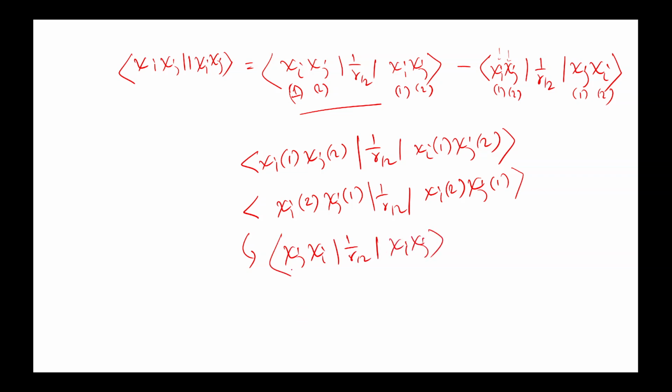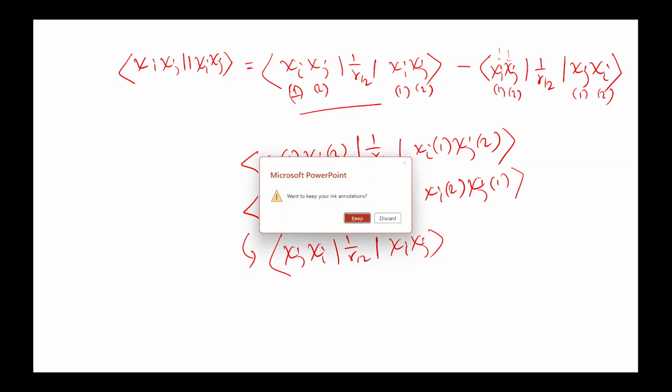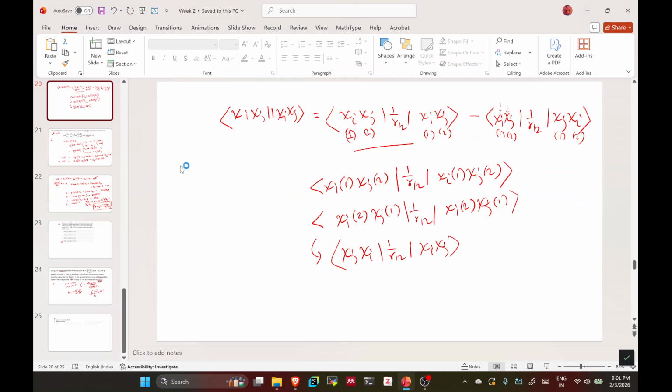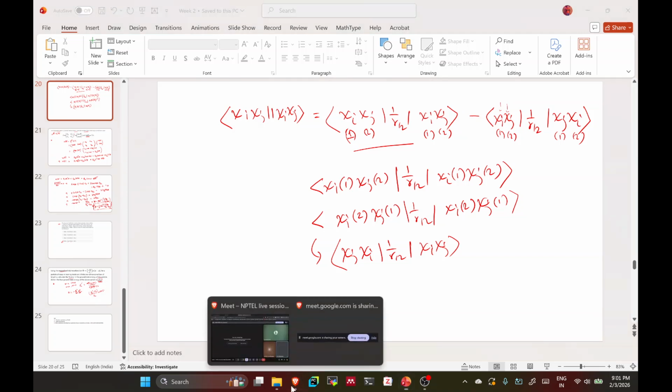So it's like flipping these two orbitals, right? So there is eightfold symmetry, I think that has been discussed already. Now it's clear. Yes, sir. Okay. Thank you, sir.